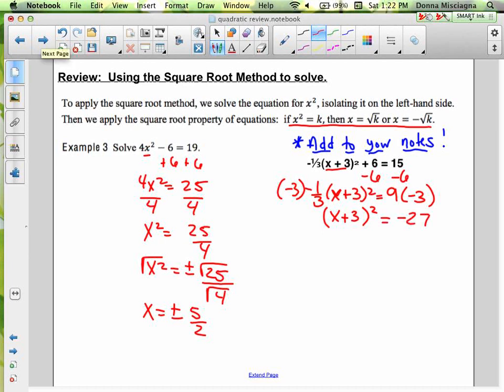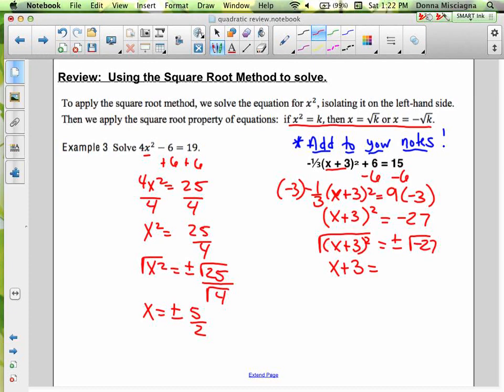Now we're going to take the square root of x plus 3 squared, the something squared. On the other side, don't forget two solutions, plus or minus the square root of negative 27. On the left-hand side, square and square root cancel, that's x plus 3. On the right-hand side, we can simplify.